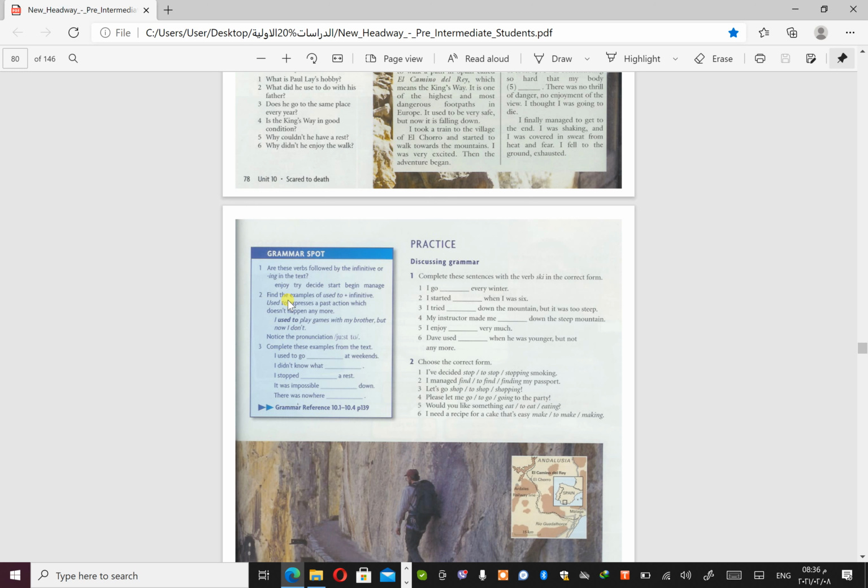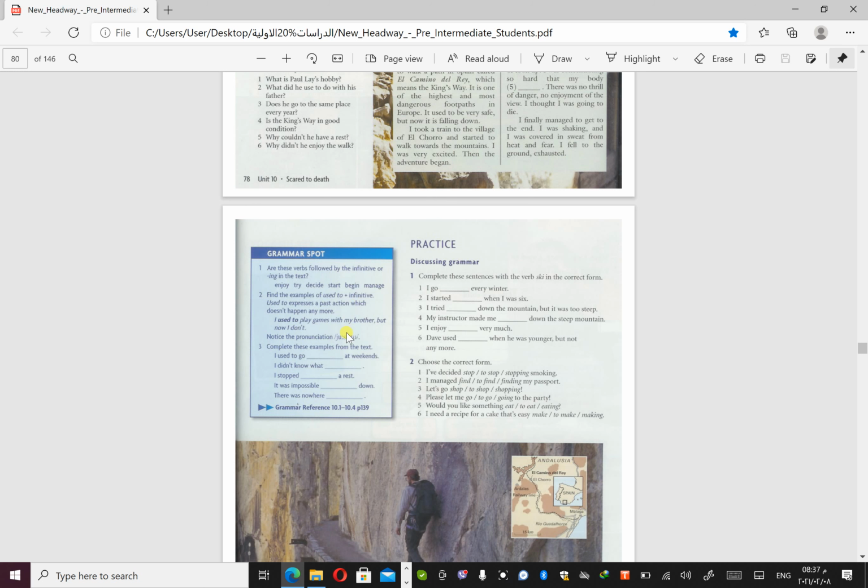Well, we have some verbs that take to plus base verb, like decide to. Start can take -ing, begin takes -ing, okay? Manage here also takes to plus base verb, like began, while manage also takes to plus base verb.